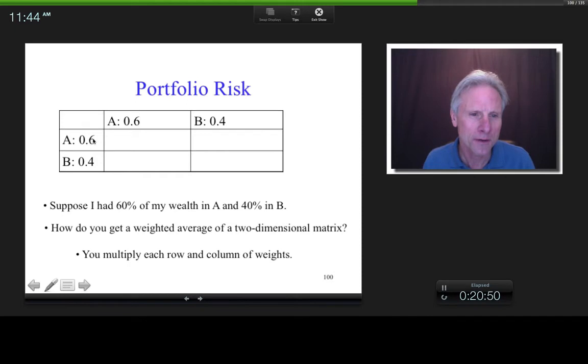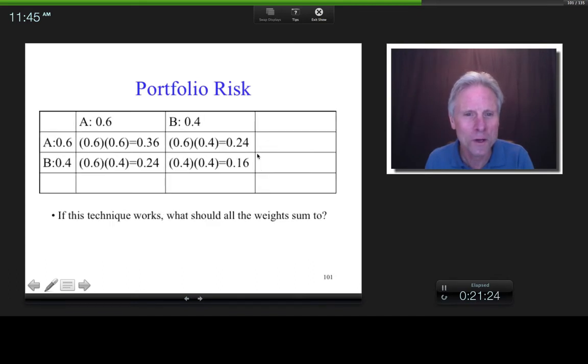So here I have a 60, here I have a 60, so the weight that I would put here is 0.6 times 0.6, and so on and so forth. So let me illustrate. The weight that I would put here would be what? 0.6 times 0.4. And what about here? What would I put here? Well, 0.4 times 0.6, right? Or 0.6 times 0.4, same thing. And what would I put here? Well, this 0.4 times this 0.4.